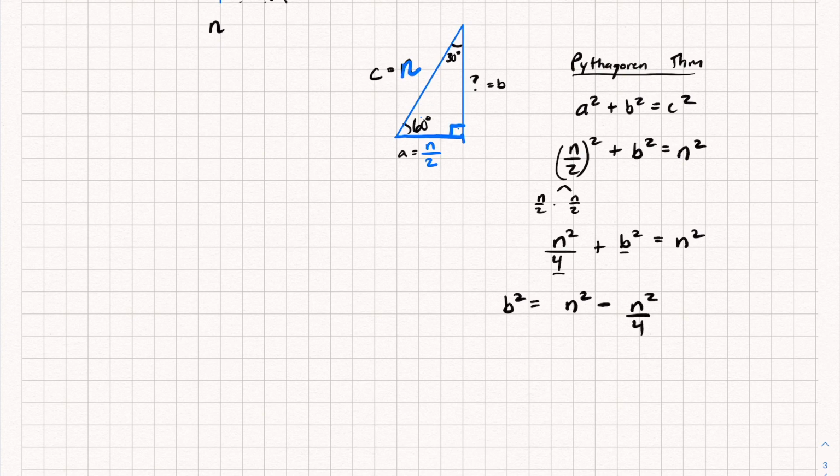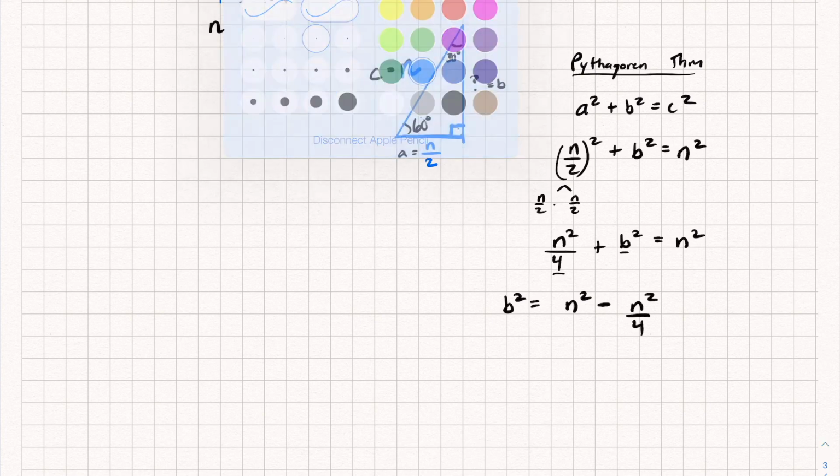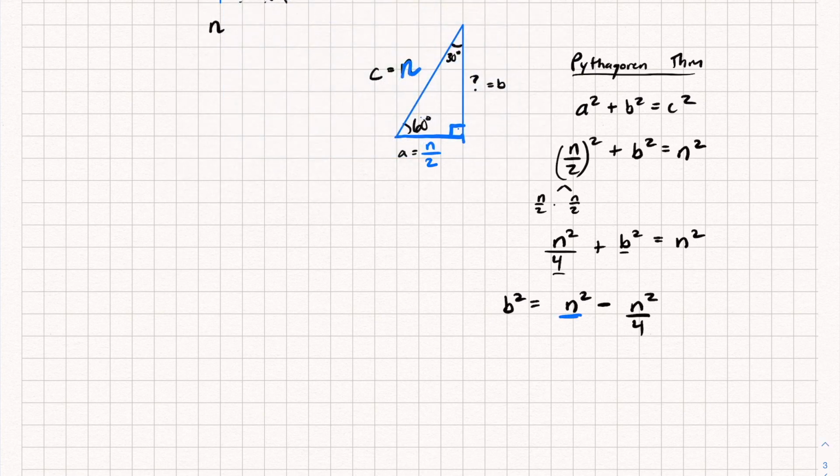And I want to show you two different ways to look at this and deal with it. One is that I'm really trying to solve this subtraction problem with fractions. I have n squared over an understood 1 minus n squared over 4. And if I'm going to do that subtraction, I need to have a common denominator between these two fractions.